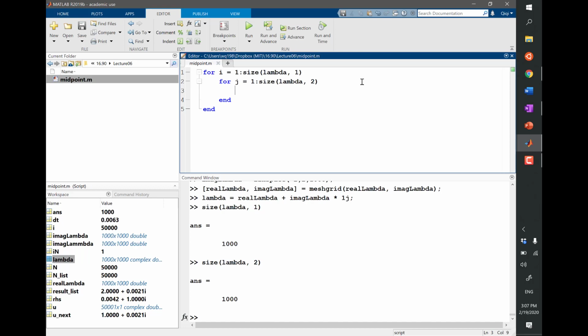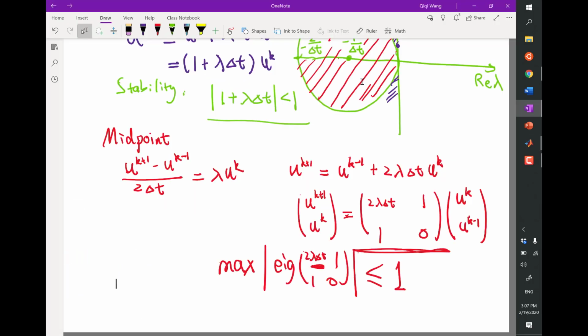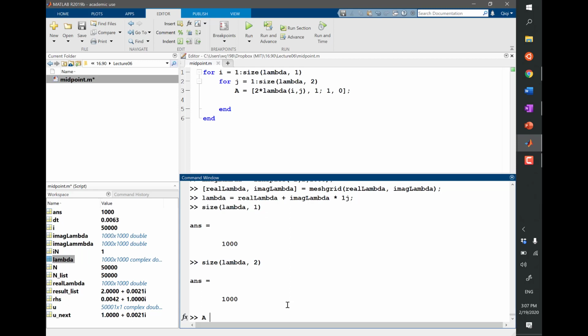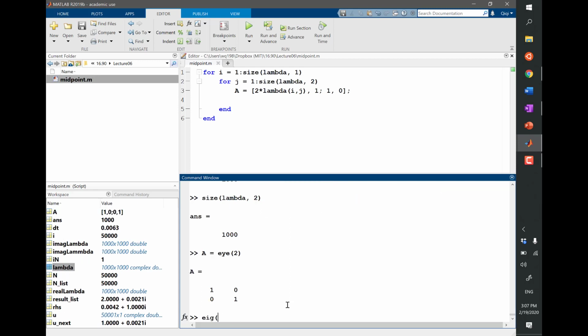So I have a matrix which is 2 times lambda(i,j), 1, 1, 0. I want to compute the maximum eigenvalue of this matrix. If I type eig of A, it gets me the values, and if I take the absolute value and the max, it gives me the max, right? So what I want is this.